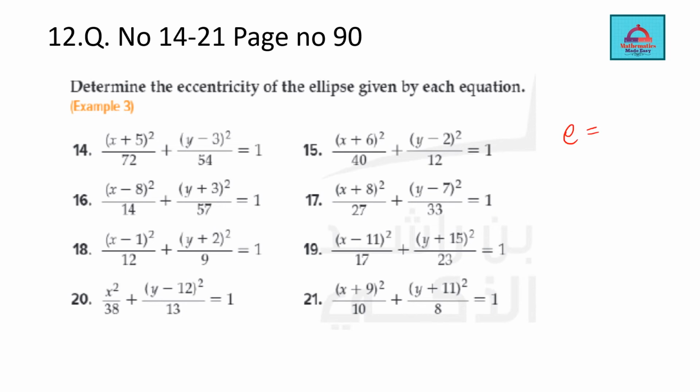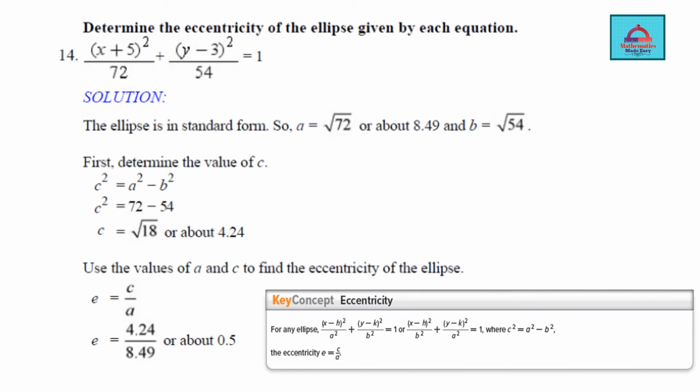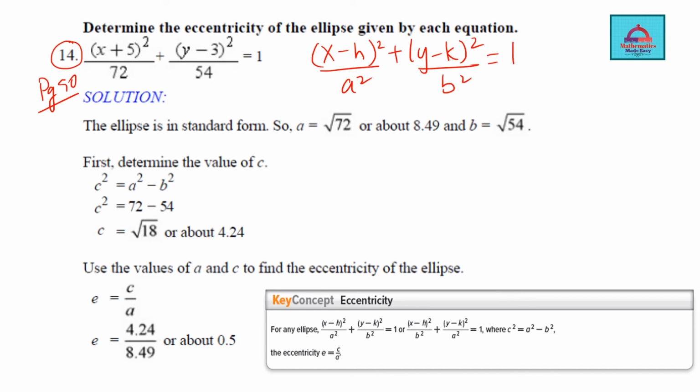So let's find eccentricity using the formula: e is equal to c divided by a, where c squared is a squared minus b squared. So this is the formula sheet. The first question I'm going to do for you on eccentricity is question 14 on page number 90. Let's do it. You are going to compare this with (x minus h) whole squared over a squared plus (y minus k) whole squared over b squared equal to 1.